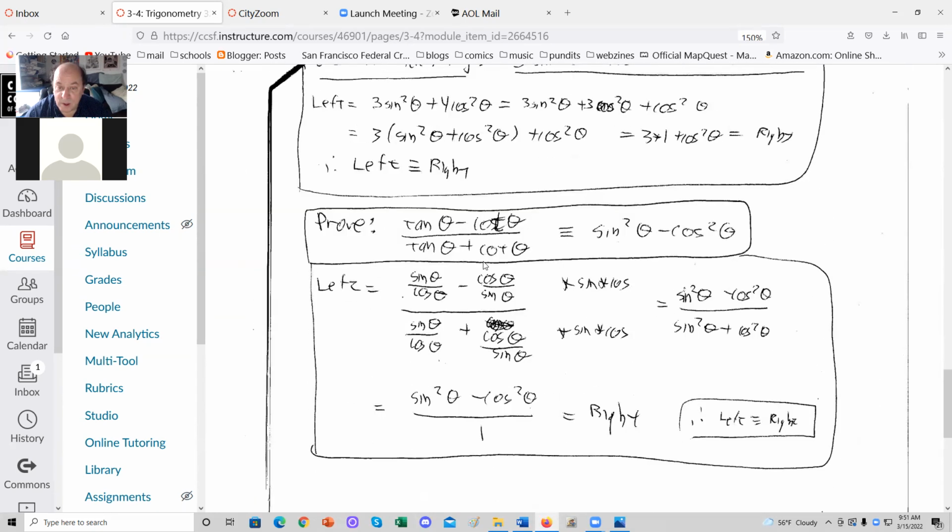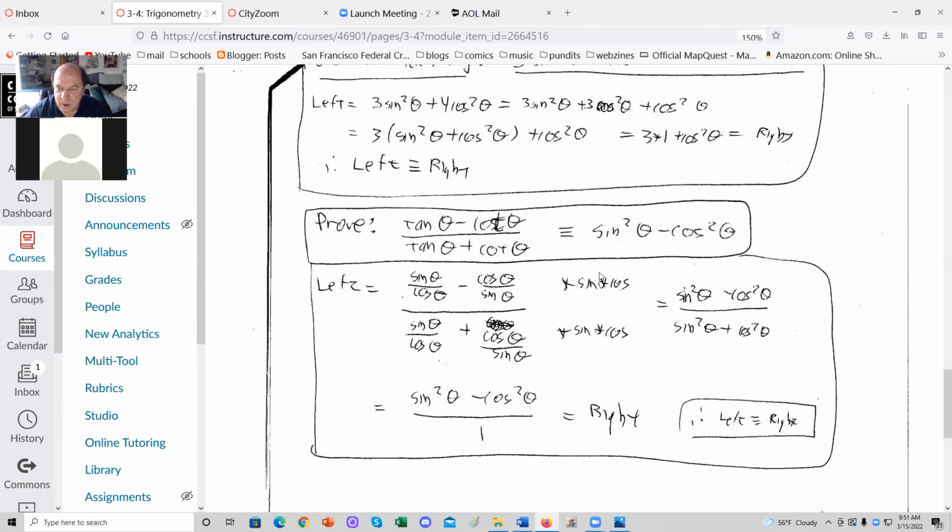Or here's (tan squared minus cotan squared) over (tan theta plus cot theta). Prove that it is identical to sine squared theta minus cos squared theta. All right, on the left side, we'll write the tangent as sine over cosine and the cotangent as cosine over sine. We'll rescale the expression by multiplying above and below by sine times cosine.